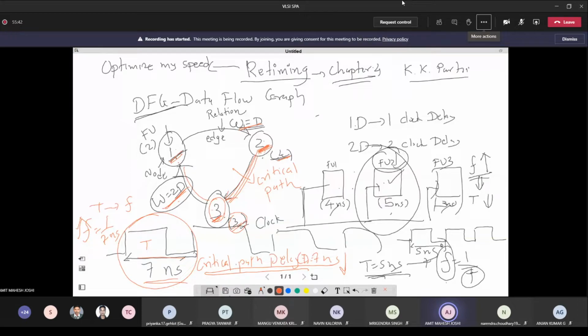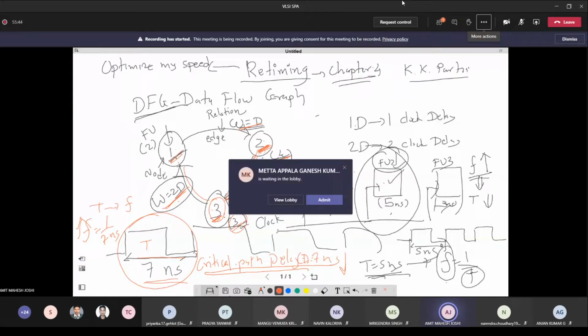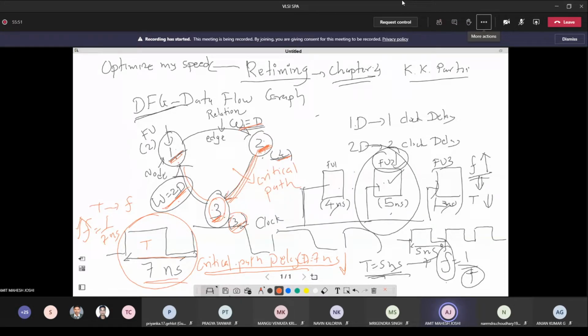So in order to increase the frequency, I need to decrease my time. Now, if I look at this particular block, this one requires 4 nano, this requires 3 nano.